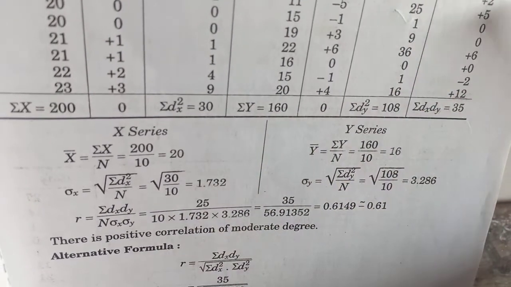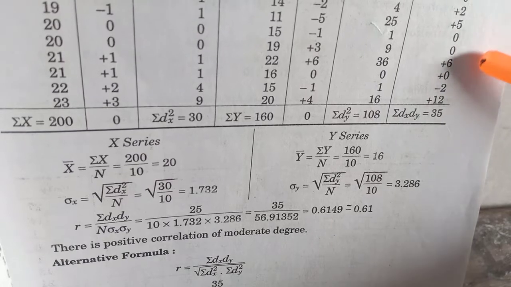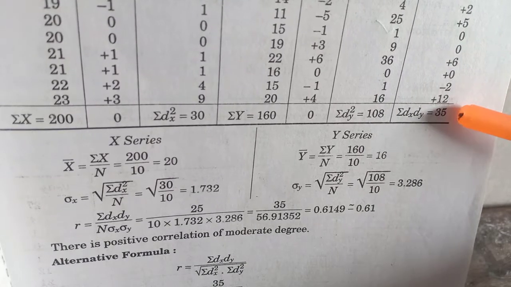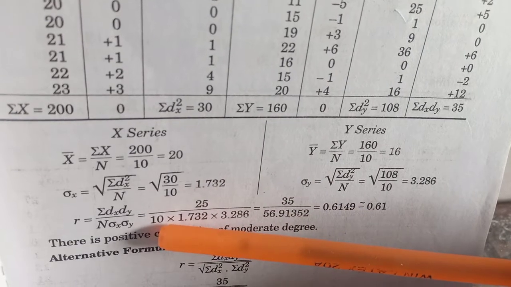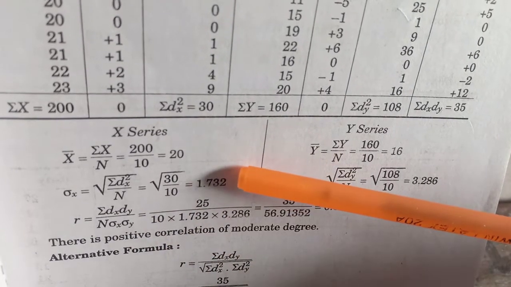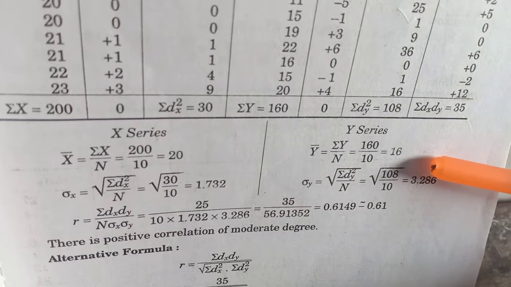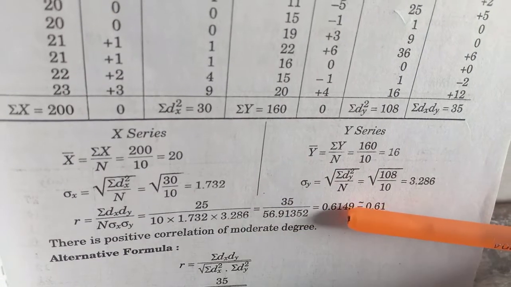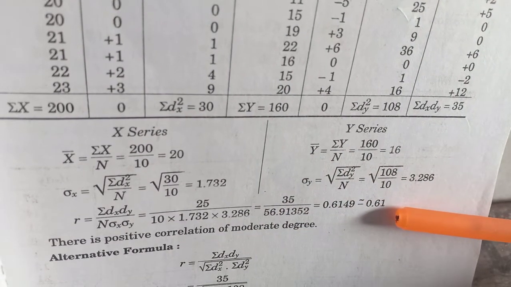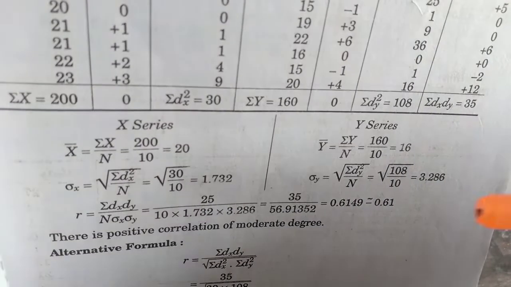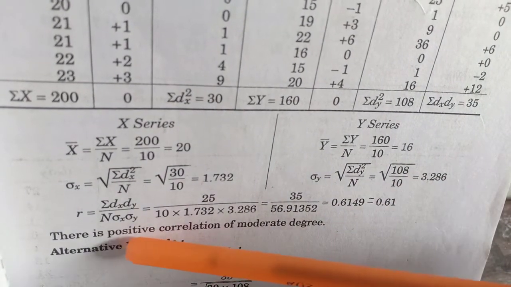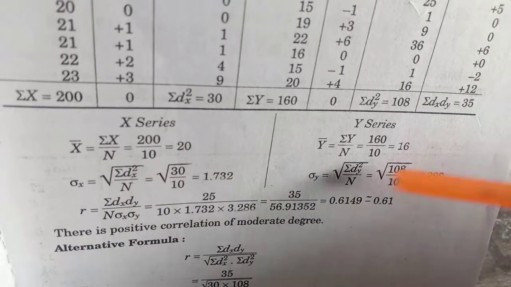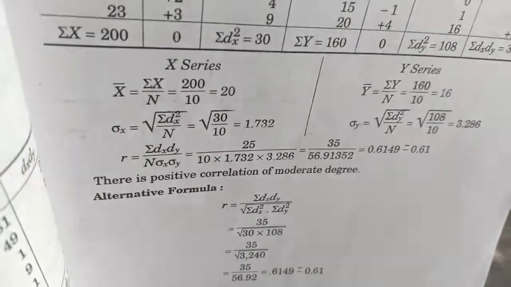Where is the summation dx dy? Here. 35. So 35 upon 10 into 1.732 into 3.286 and the answer is 0.61. The value of R is greater than 0.5 and there is a positive correlation of moderate degree.